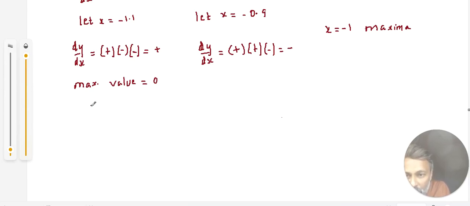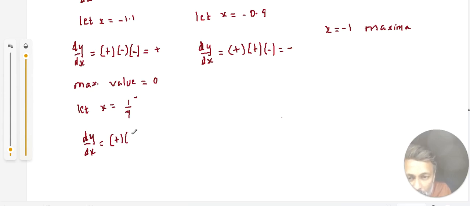We are left with now one last turning value. Let x is equal to 1 upon 7. Let us consider a value a little less than 1 upon 7. So dy by dx is equal to, the first part will be positive only because it was raised to the 4th degree.